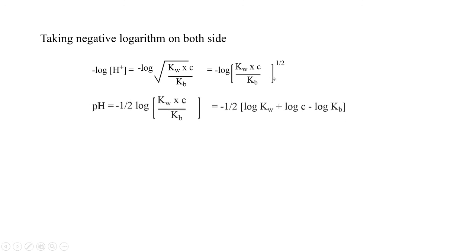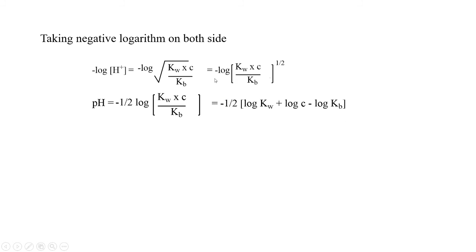So we can write this equation as pH. Minus log H+ is known as the pH. pH is equal to minus 1/2 into log of bracket Kw into C upon Kb. So we'll get minus 1/2 into log Kw plus log C minus log Kb.